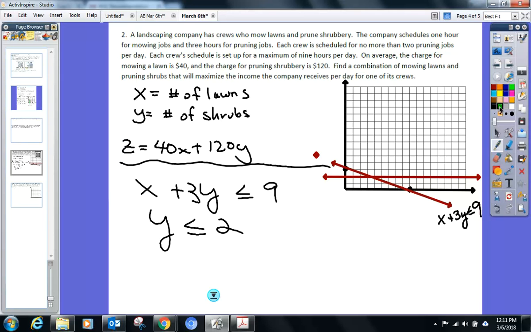You guys getting the intercepts mixed up? You okay on why it's 3 on the Y, 9 on the X? What do you got, Emma? I just don't know what this point would be. Okay, let's see.